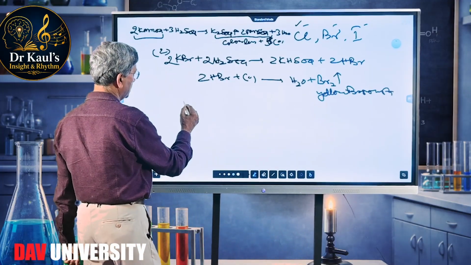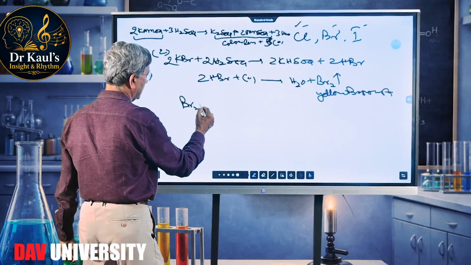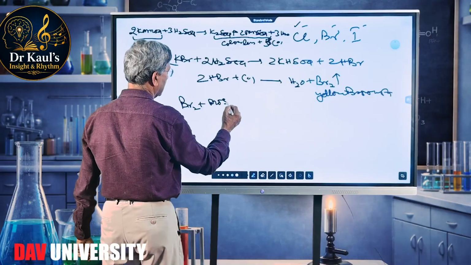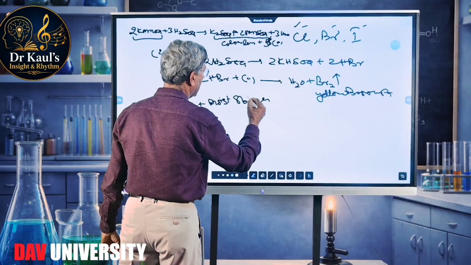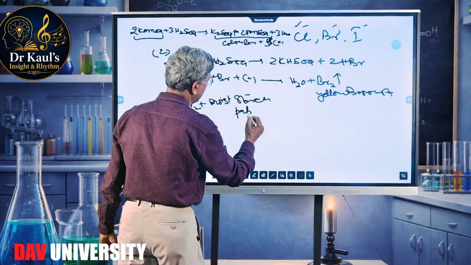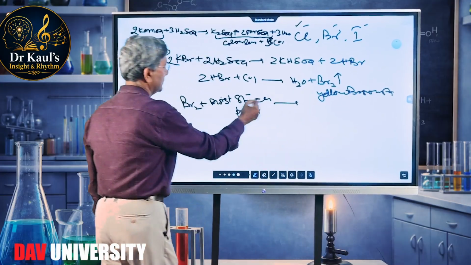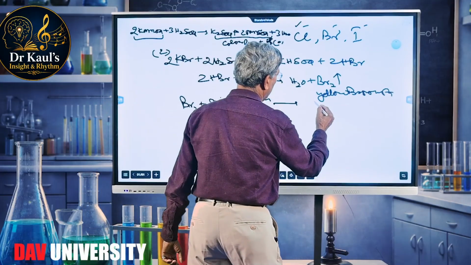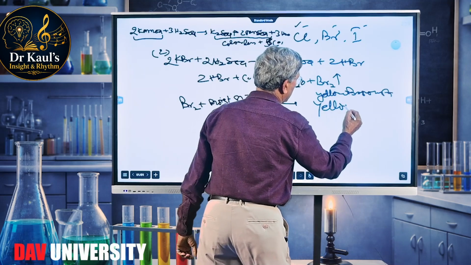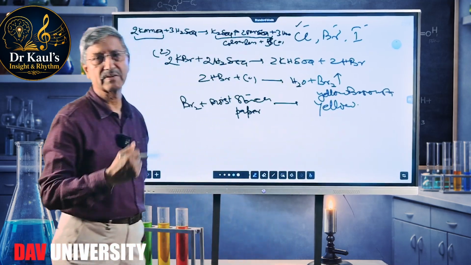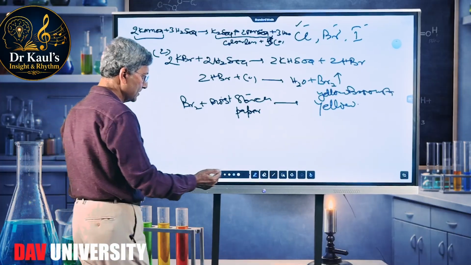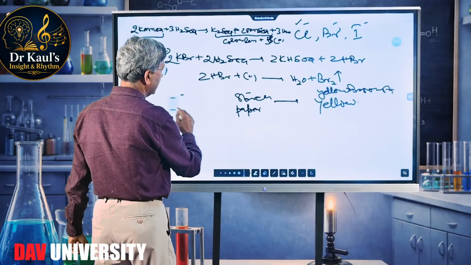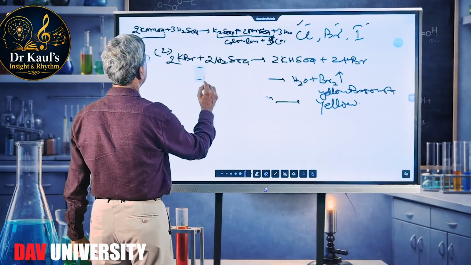Then this bromine comes in contact with moist starch paper, which is white in color, and the paper becomes yellow, forming a bromine starch complex. In this way we get an indication that bromide is present.